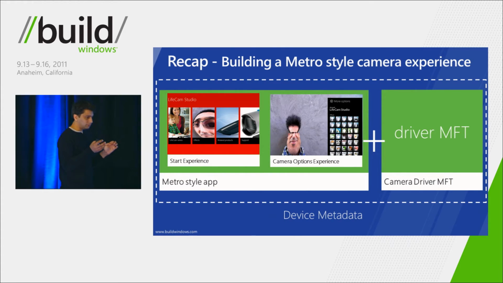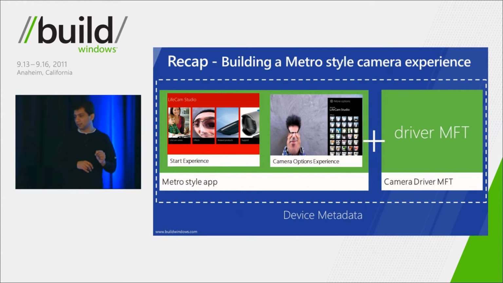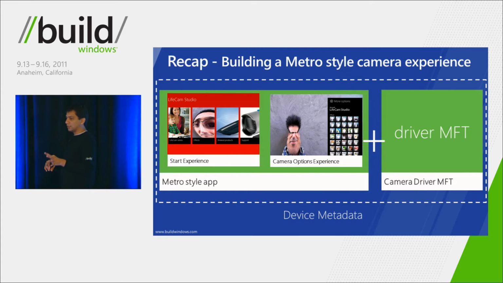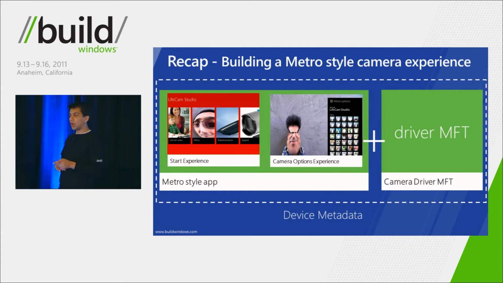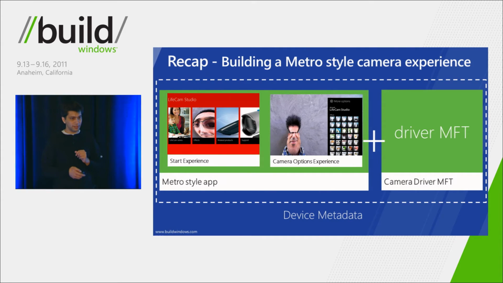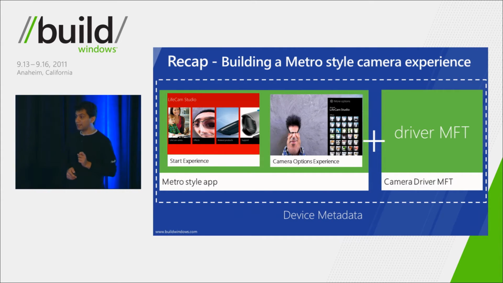So back to where we started, we've talked about the start experience, the camera options experience, and then the driver MFT, which couples with the camera options experience to actually deliver this in-context piece that we have been talking about since the start. And what binds them all together is the device metadata.